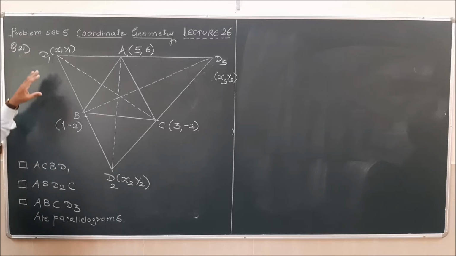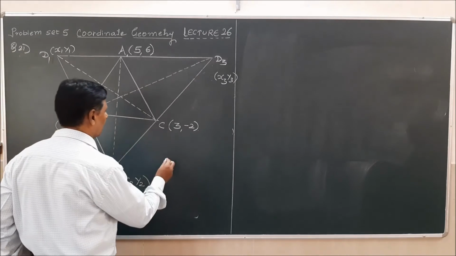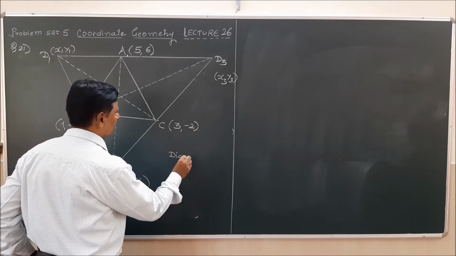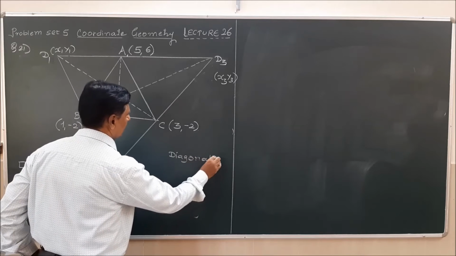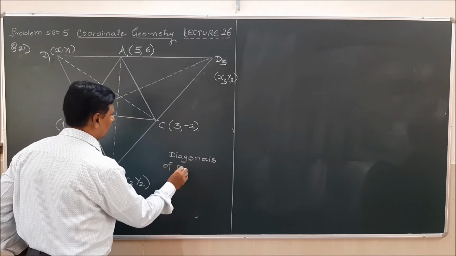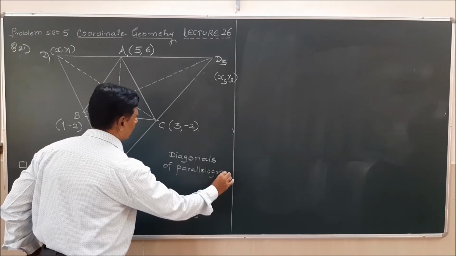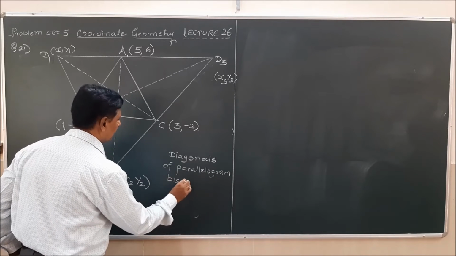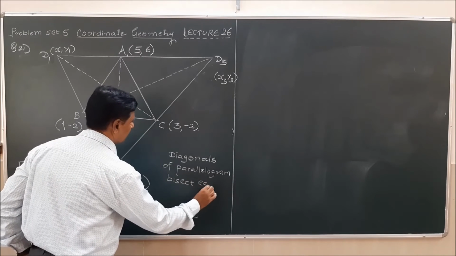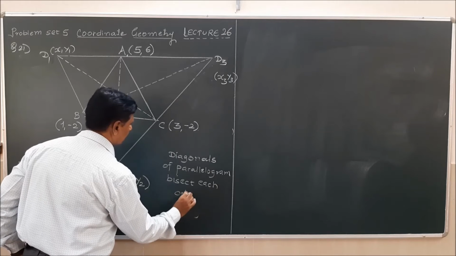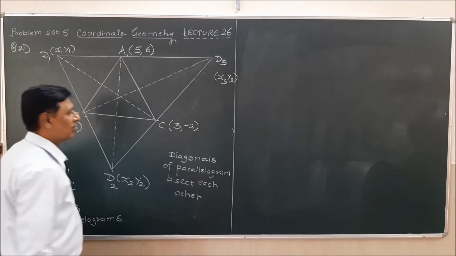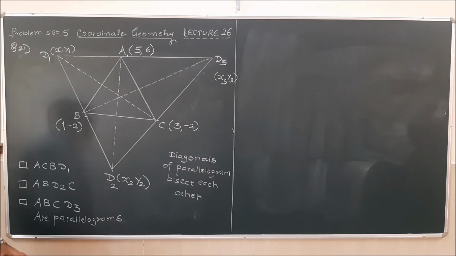And to get the coordinates of D1, D2 and D3, I am going to use the theory, very important, that diagonals of a parallelogram bisect each other. Now, first parallelogram ACBD1.